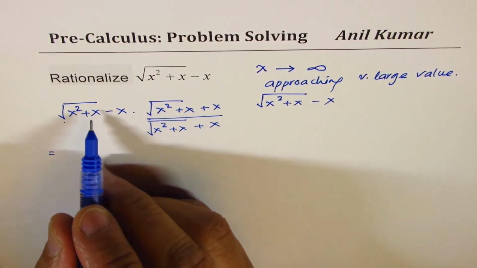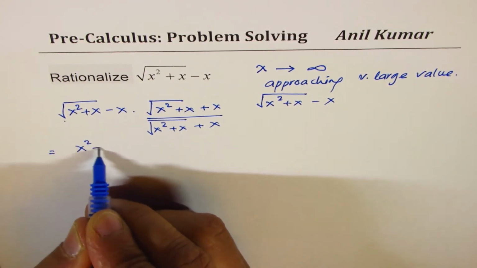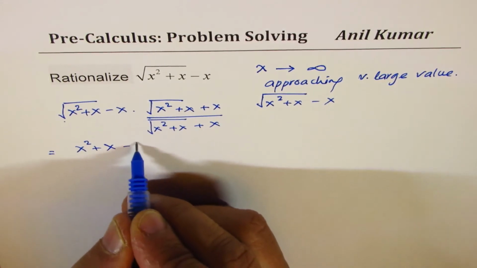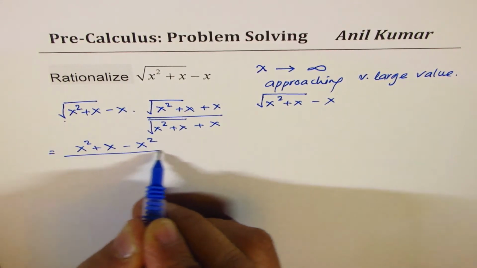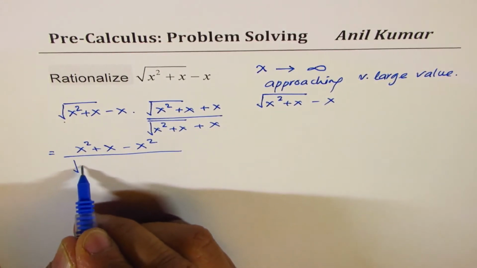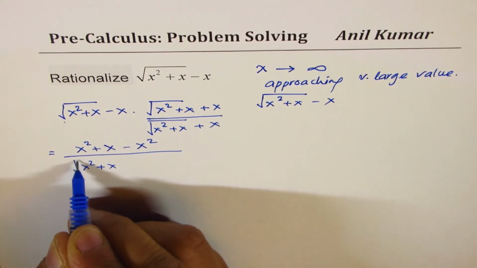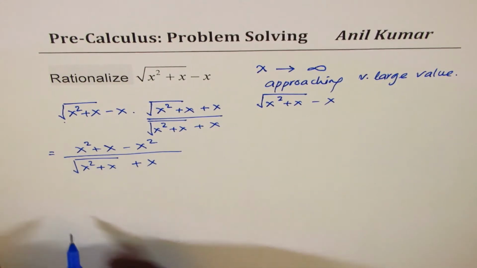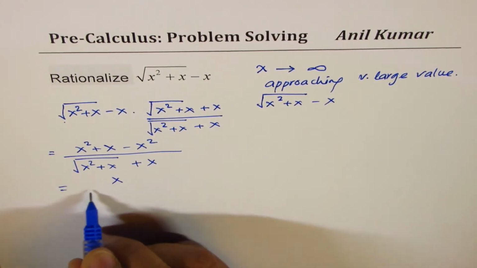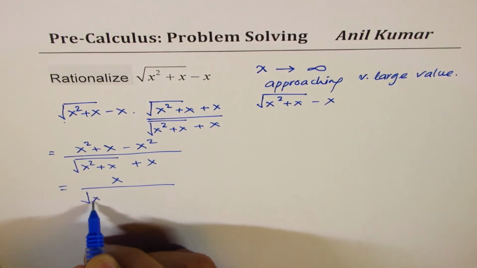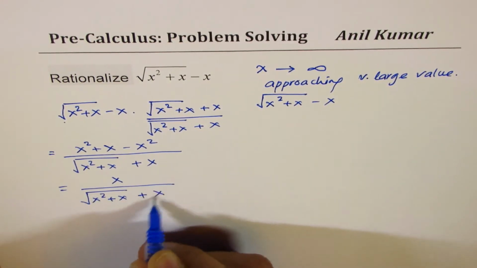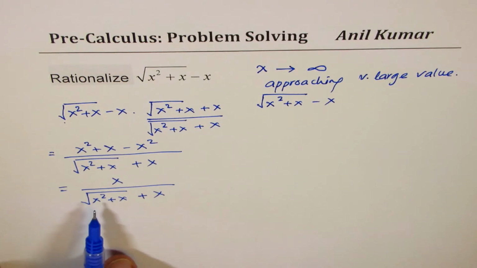The numerator becomes a difference of squares, which is x squared plus x minus the square of x, which is minus x squared, divided by all this, square root of x squared plus x plus x. Now x squared cancels, so you get x over square root of x squared plus x plus x. So that is the expression which you get.